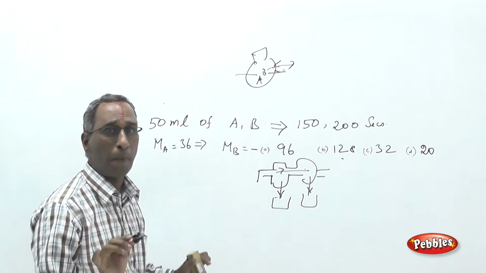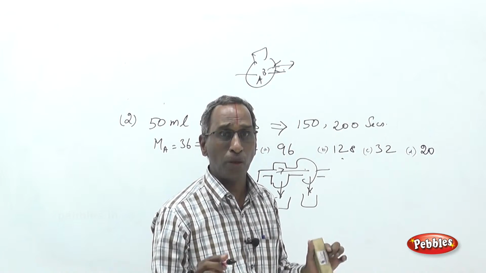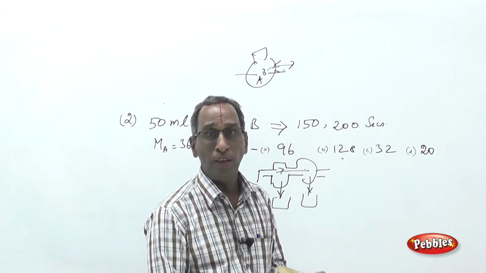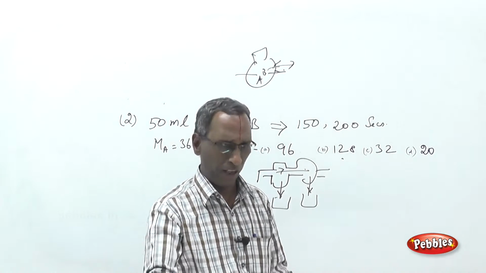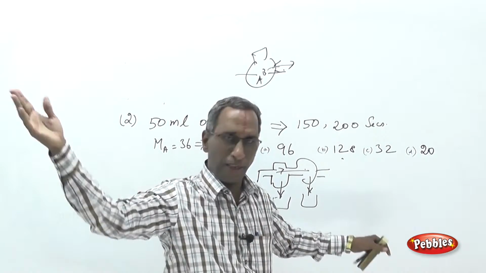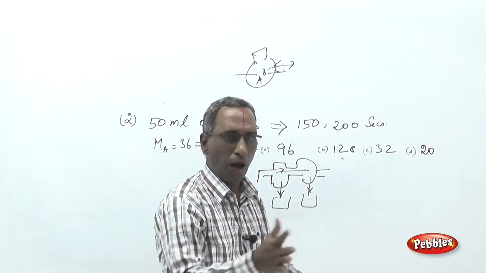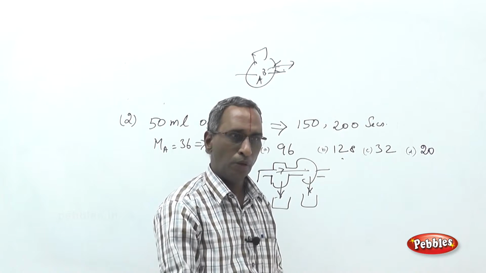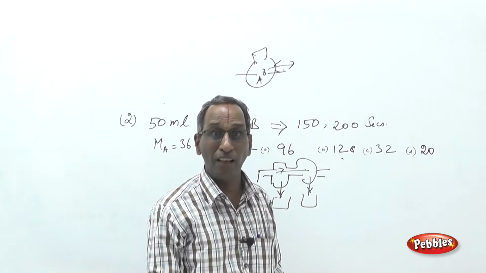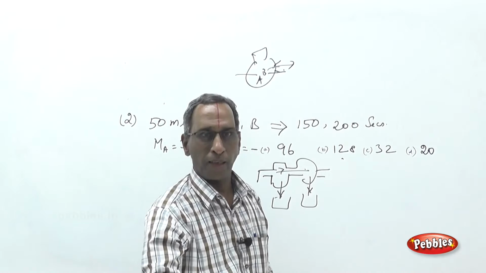Our aim is to compare the rates of diffusion. Diffusion means the capacity to escape from the container. Even in the normal case, if you make a puncture in a tube, it suddenly expands because the gas is forced out at high pressure. Whenever we study gases, some are considered lighter than air and some heavier than air.